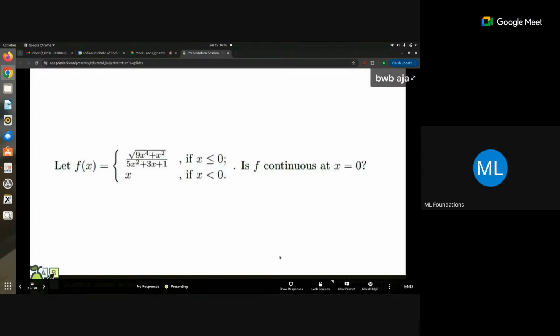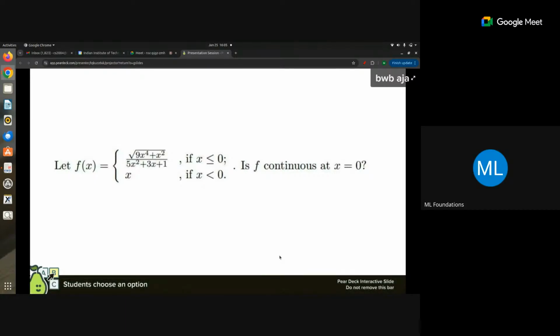Yeah, this is the first question. The question is, let f of x be this function. If x is less than or equal to 0, you have that portion of the function: root of 9x to the power 4 plus x square divided by 5x square plus 3x plus 1. And if x is less than 0, I think there is a mistake.